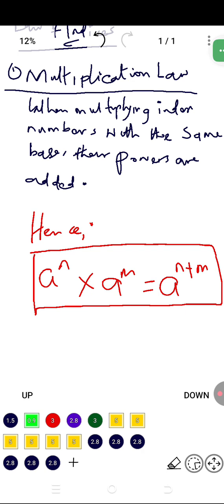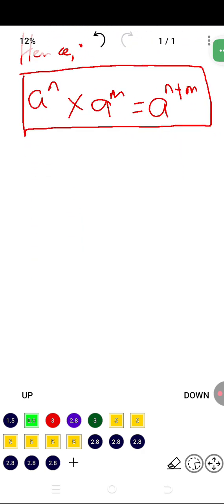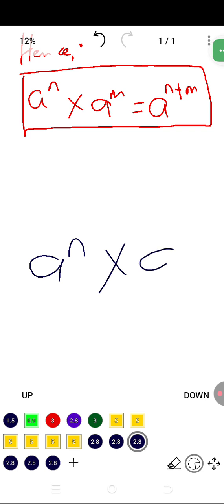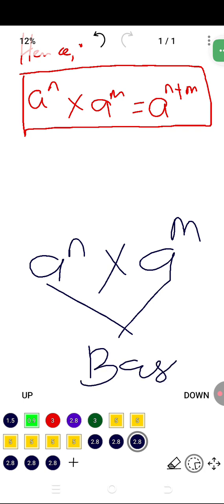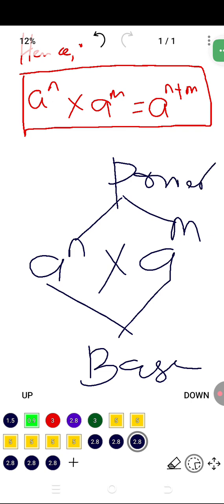Now, basically, if you want to solve this, where you have a raised to power n times a raised to power m, the a here is the base, while the n and the m are the powers. So a is raised to power n, also a is raised to power m, multiplying each other.